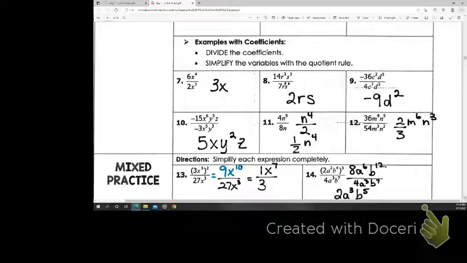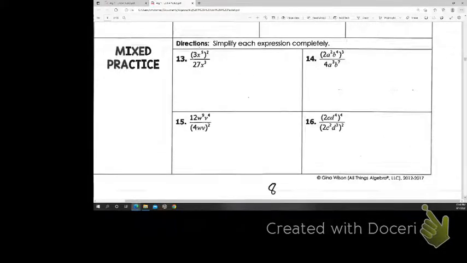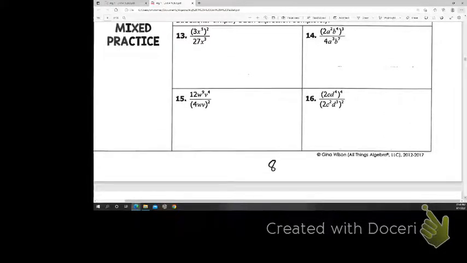We could have exponents on the outside and have to use power rule also on the bottom, or in number 16, on the top and the bottom. If there was one giant parenthesis and one exponent on the outside, you could simplify inside first.